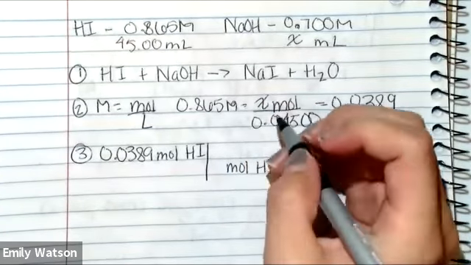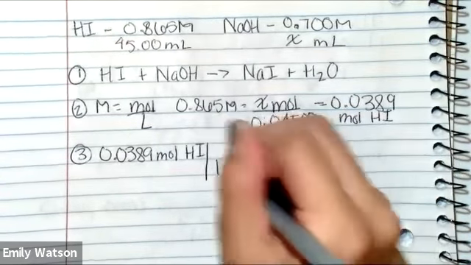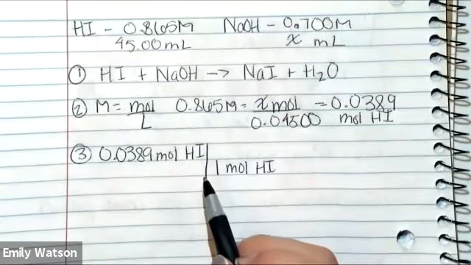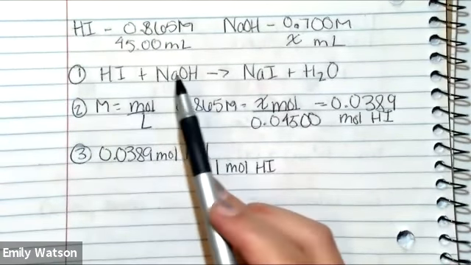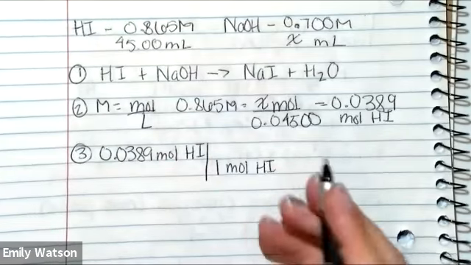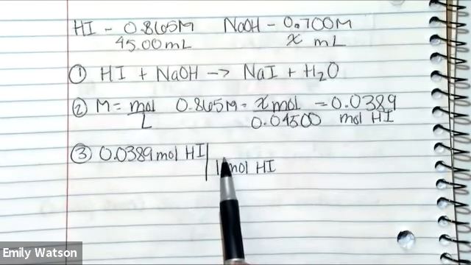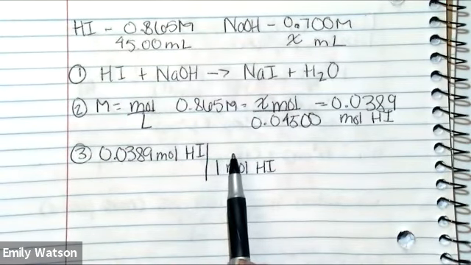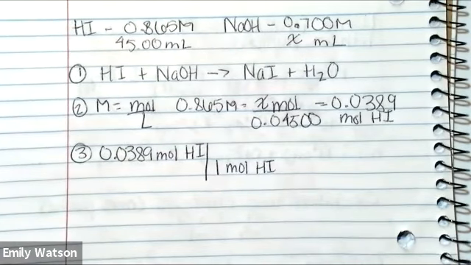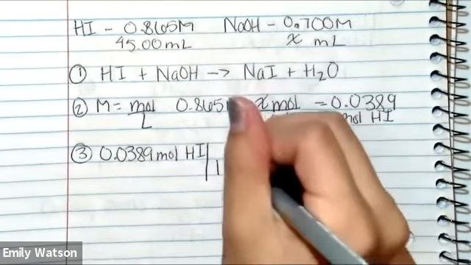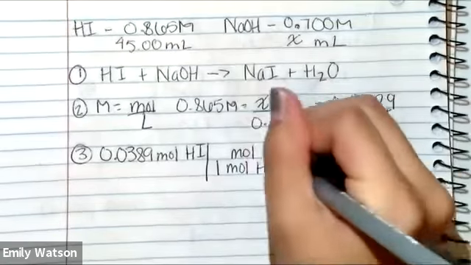How many moles? 1. Where does the 1 come from? The coefficients. No coefficient means an understood 1. What's going to go on top? Moles of what? NaOH.